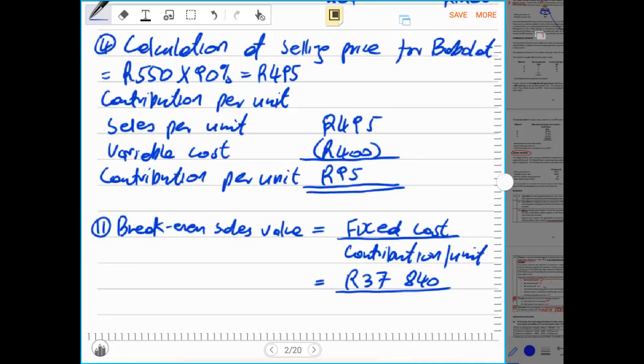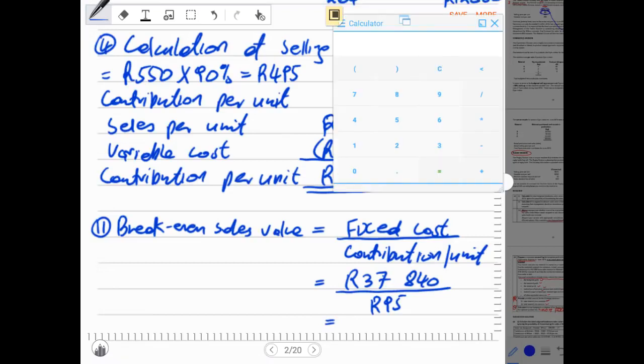Our contribution changed to 95 rand. Then our break-even units will definitely change. 37,840, divide this by 95.